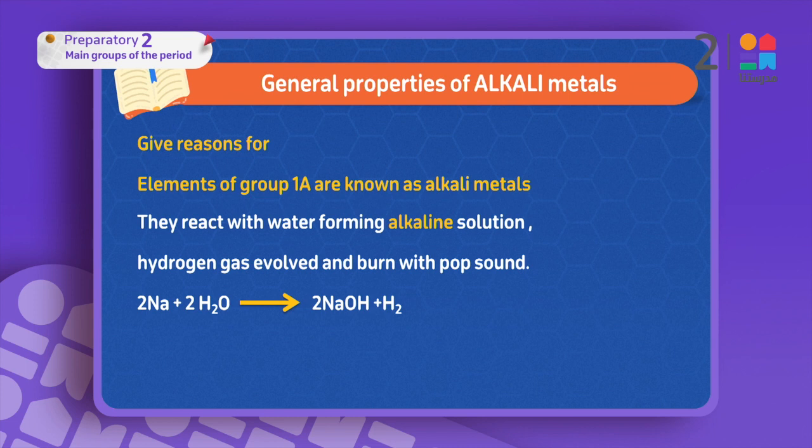The alkaline solution احنا قلنا عليه قبل كده ان هو ال solution that turns litmus into blue. You should support your answer with writing the equation. The 2 sodium atoms react with 2 molecules of water, and this will give sodium hydroxide and hydrogen gas evolves. يبقى the nomination of alkali metals is because they react with water giving alkaline solution.